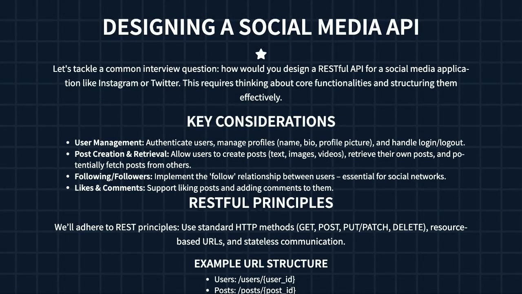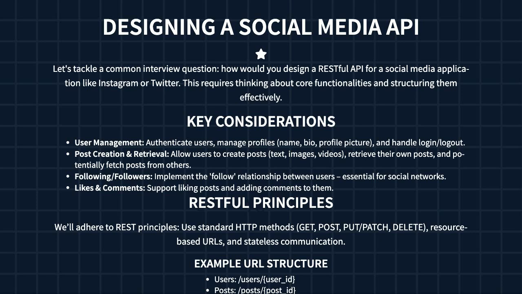Okay, let's talk about designing an API for a social media app. It's a really common interview question. The first thing we need to consider is the core functionality. How will users manage their accounts? We'll want to handle user authentication and profile management. Then we move on to posts, creating them, retrieving them, and displaying a feed of content. Following and followers are also critical for social networks.